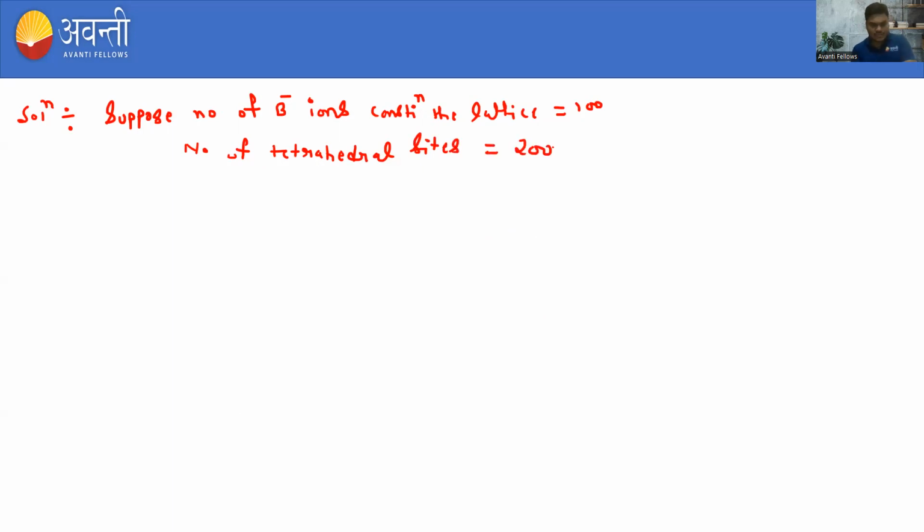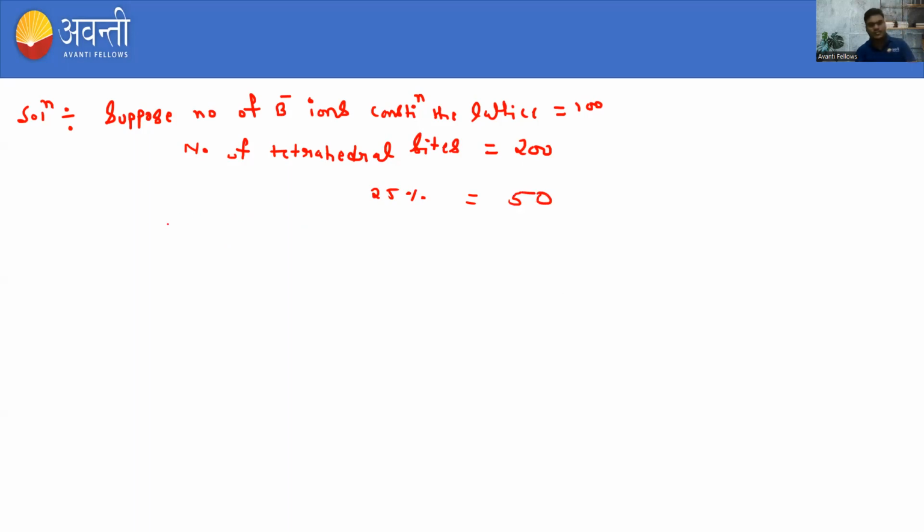Right. Now, as 25% of tetrahedral voids are occupied by the A plus ions, the number is equal to 50, because 25% of 200 is 50. Right. So this is your 50.